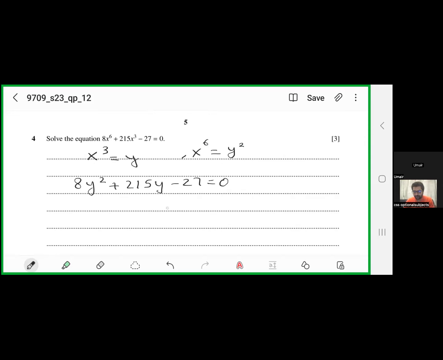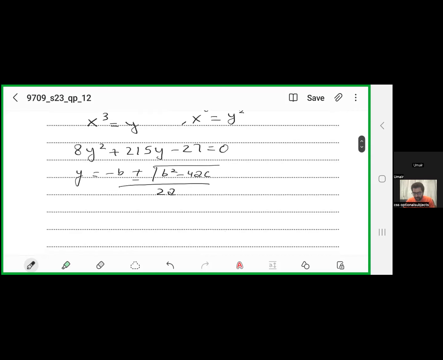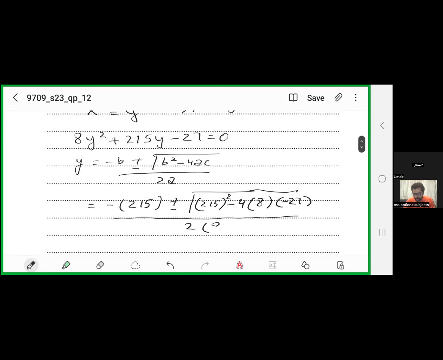Now from here, we can use the quadratic formula to find the value of y. y is equal to minus b plus minus square root of b square minus 4ac, divided by 2a. Just use the values. Minus b is 250 plus minus square root, b square is 215 square, minus 4, a is 8, c is minus 27, divided by 2a. a is 8.